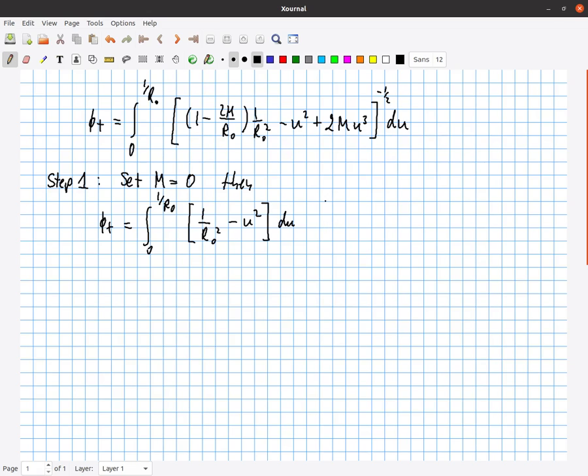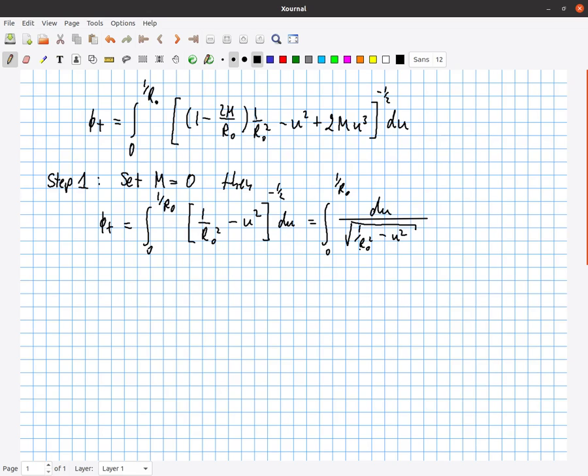We want to integrate over u, with the power of minus 1/2. I'll just write out the square root now explicitly. By doing so, it simply looks more familiar, and you can immediately see what this integrates to. 1 over r naught squared minus u squared, which is a standard integral that you recognize.